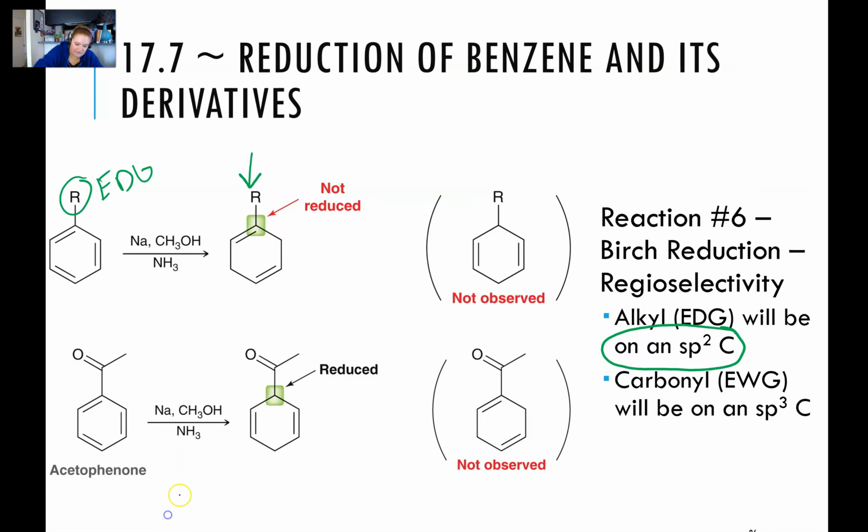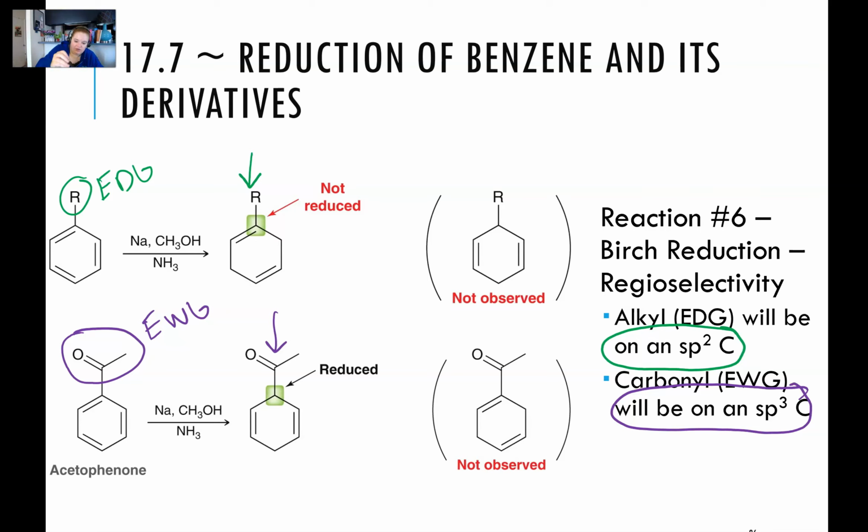And if we have an electron withdrawing group attached to the ring, when it reduces down, our electron withdrawing group will be on an sp3 carbon. So this has to do with stabilizing those transition states' electrons and whether or not the substituent can help stabilize them as a lone pair, or if it does not help participate.